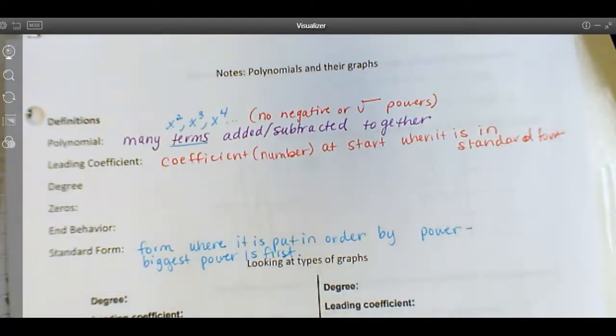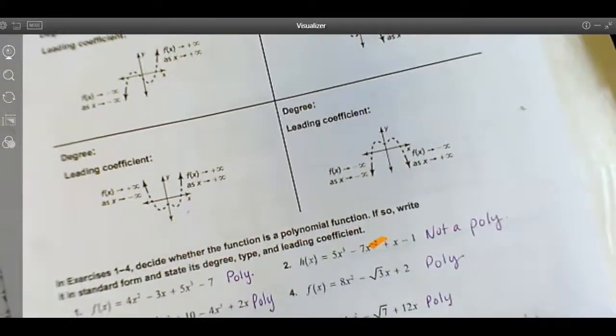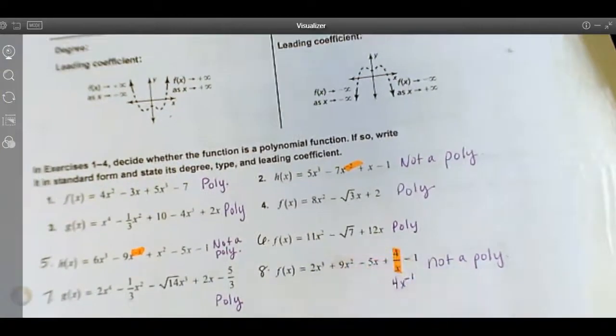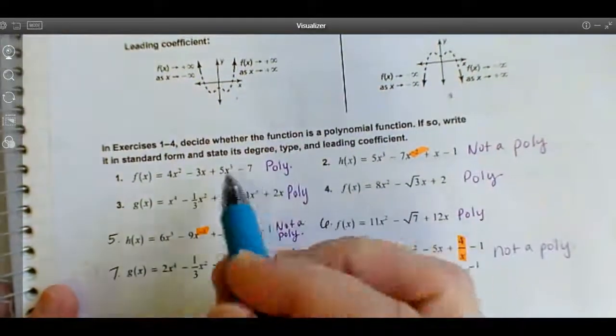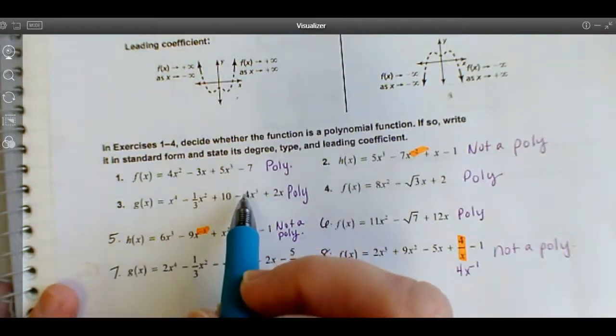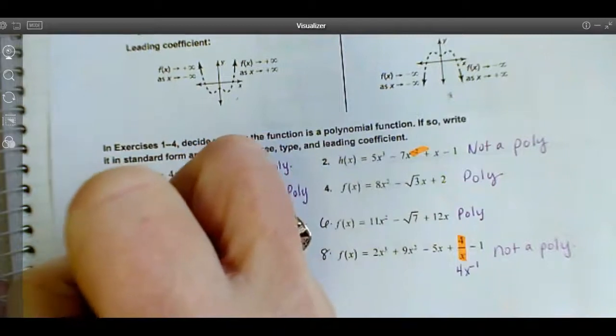Okay? So let's look at a couple problems here. Let's scoot on back down to number 1. And let's put these things in standard form. Okay? And then when we do that, we're going to identify the leading coefficient. So if I put this in standard form, the one that comes first is the one with the biggest power. So 5x to the third is going to come first.